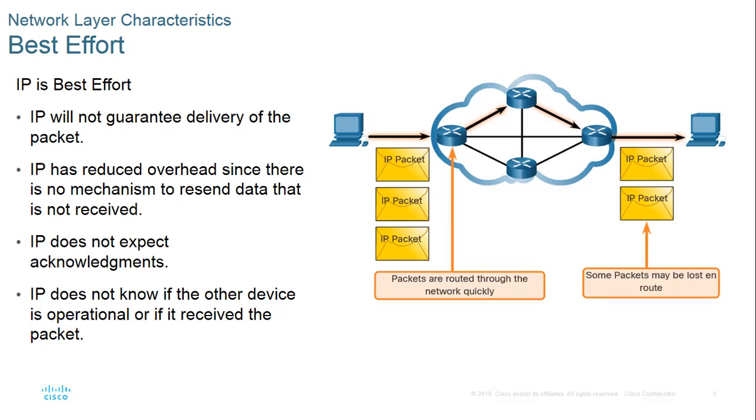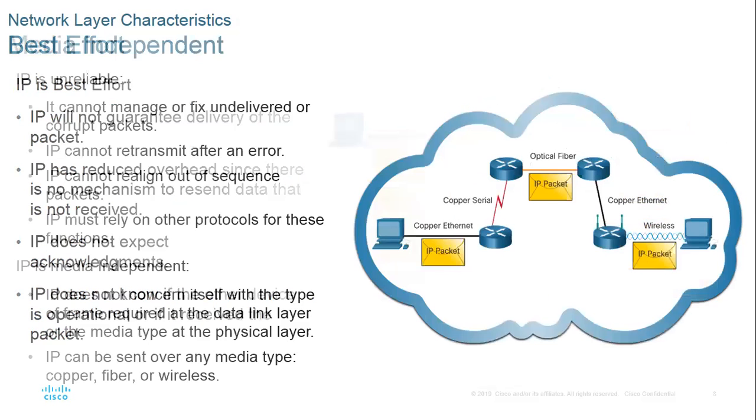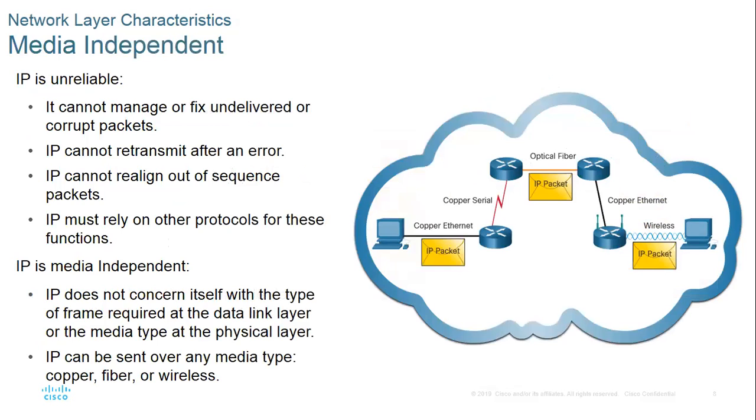So it doesn't know if the other device at the end is operational and if it received the packets. There's no feedback from the destination to the source. What do we mean by IP is media independent?